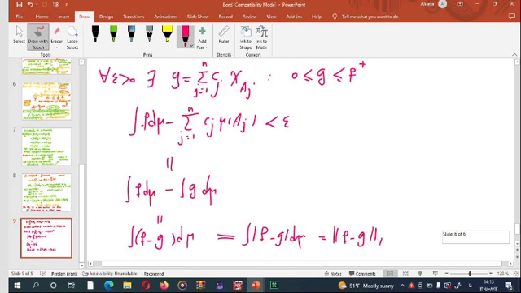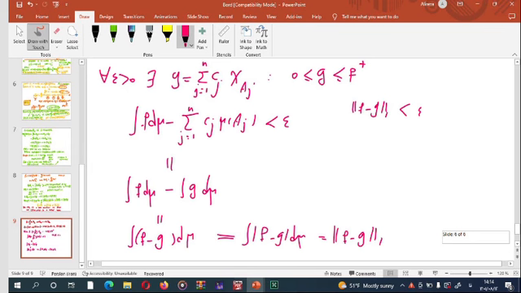So we find a simple function g such that the norm 1 of f minus g is less than epsilon.